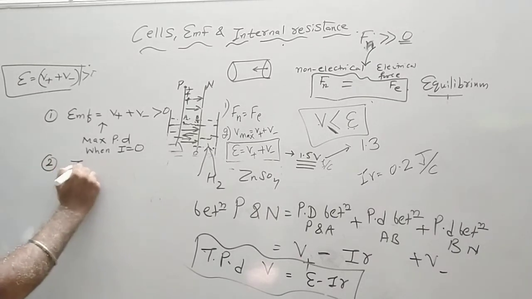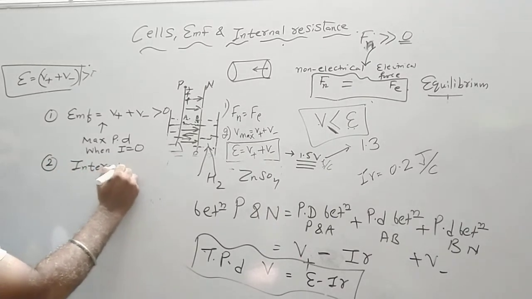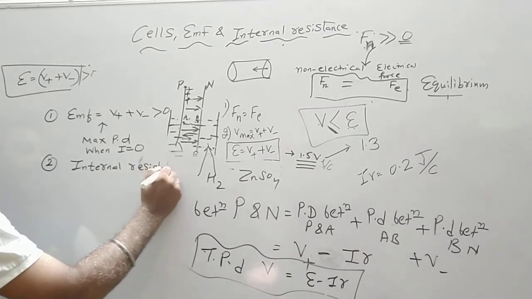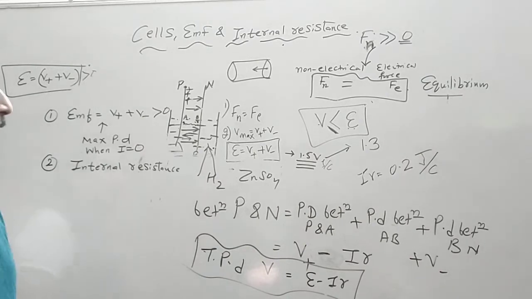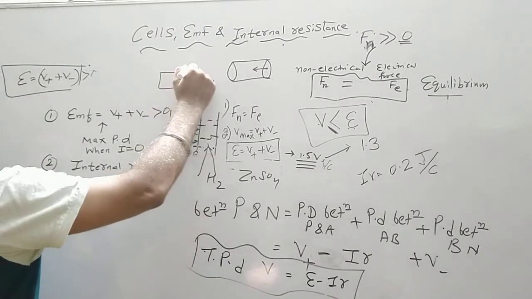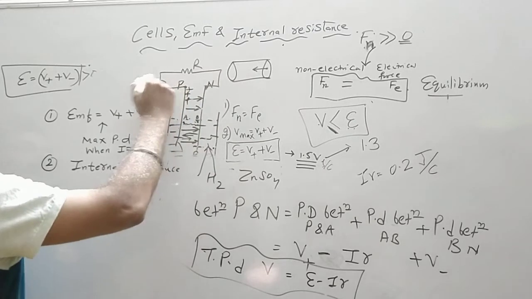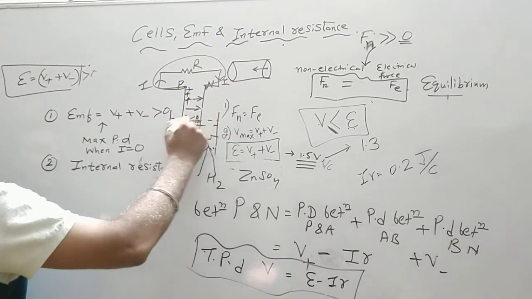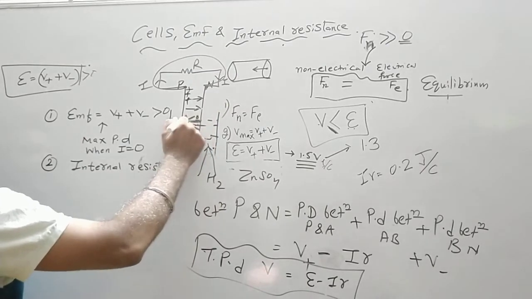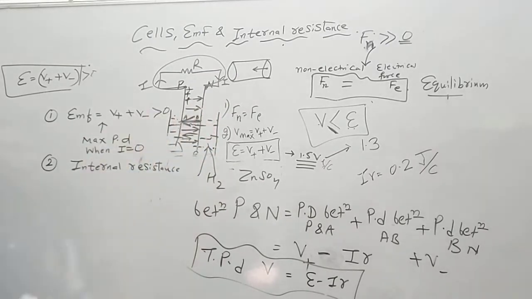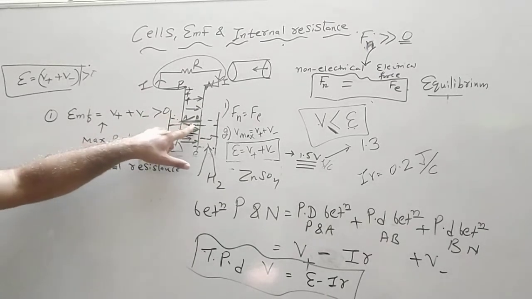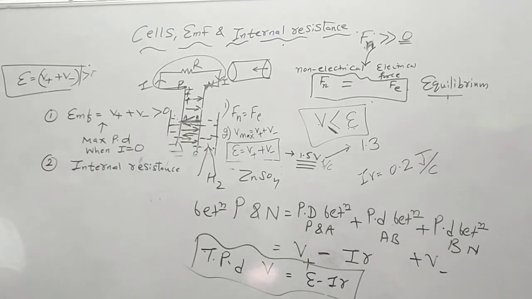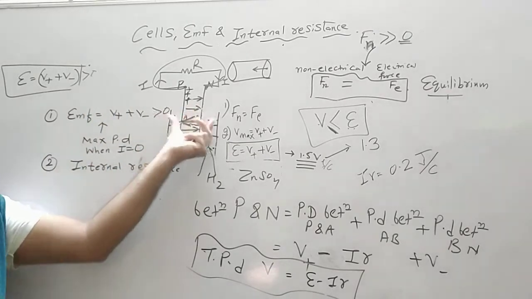Second was the internal resistance. Internal resistance is the resistance offered by an electrolyte to the flow of the current. So I complete the circuit by joining this external resistance, and the current starts flowing. Outside it moves from P to N, inside it is a motion of ions. I say the current is moving inside from negative electrode to positive electrode, but it will not flow freely because there is an opposition offered to the motion of the ions by the electric field established between these two rods.